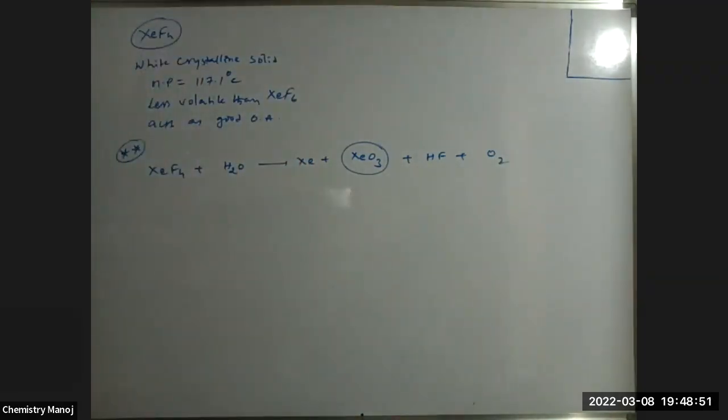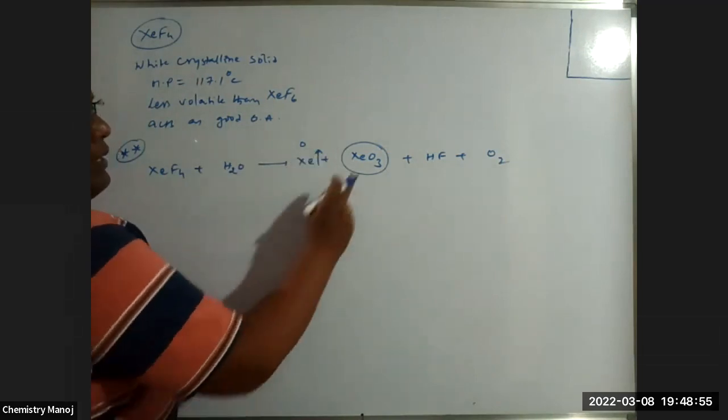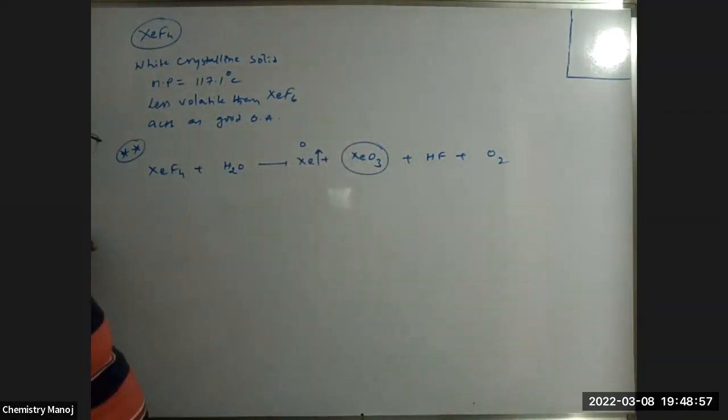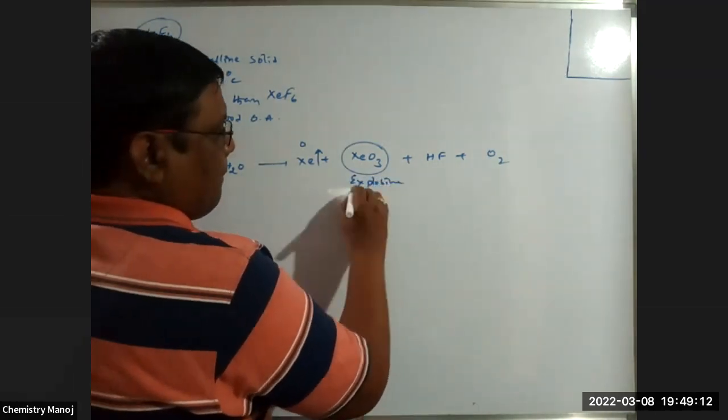That means two compounds are formed. Here xenon oxidation state is 0, it is a gas. XeO3 is an explosive compound, my dear.